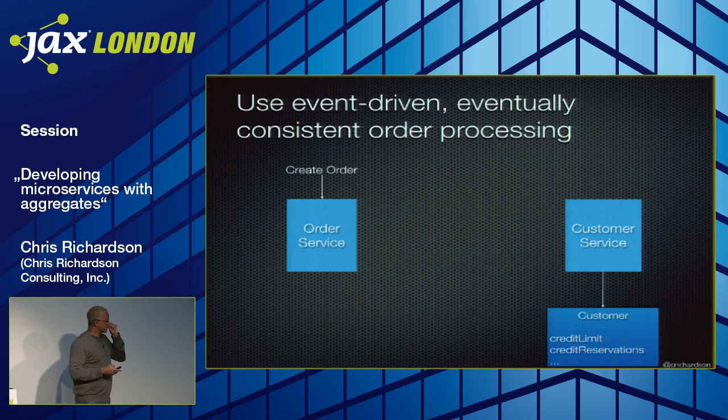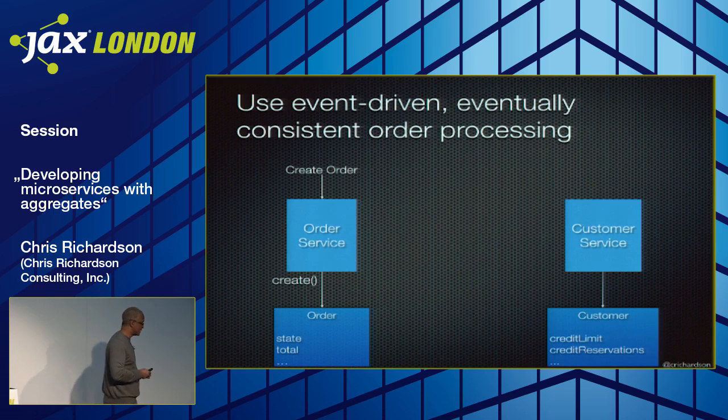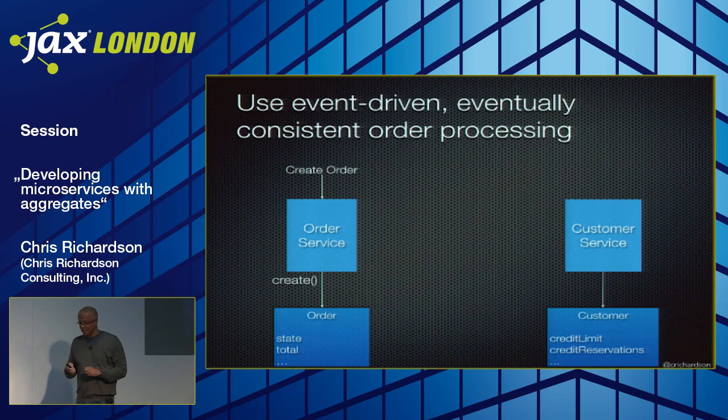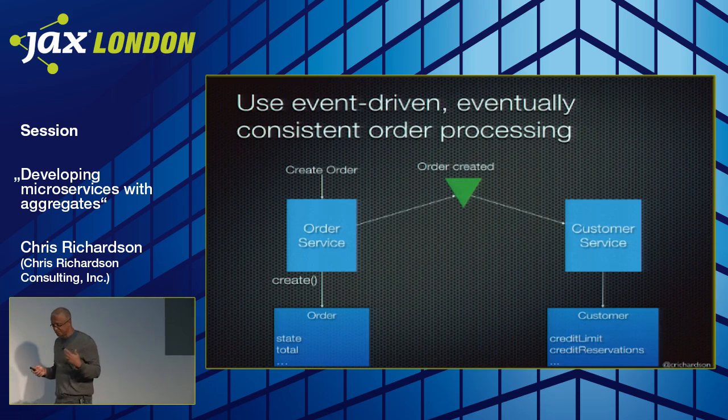So a request for an order comes in. The order service actually creates an order, but it creates it in a pending state, in a state that indicates that it needs to have its credit limit checked. And it publishes an event saying the order is created. That gets consumed by the customer service that performs the credit check, actually reserves credit for that order.